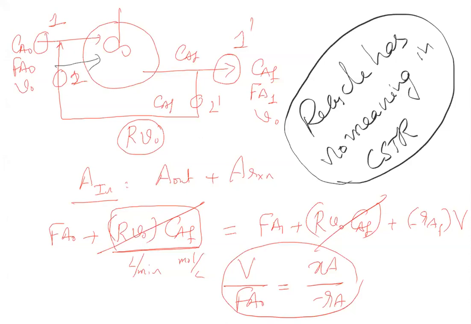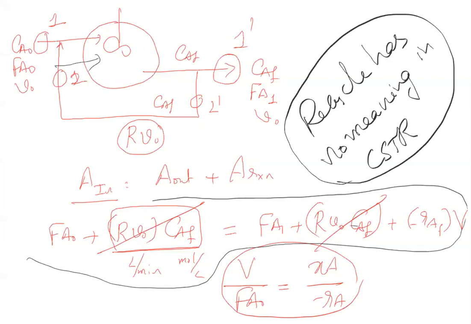Flow rate varies also, doesn't matter, no? R can be anything, so that will cancel on both sides. Basically, in your performance equation you are not finding any R, so that means R has no meaning here. There is only one outlet, but I am writing the balance for the CSTR.